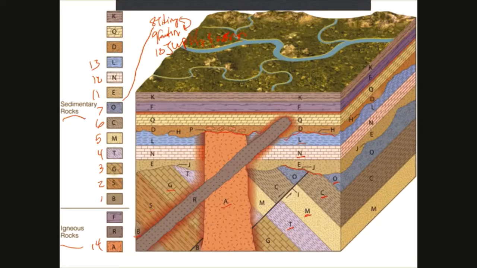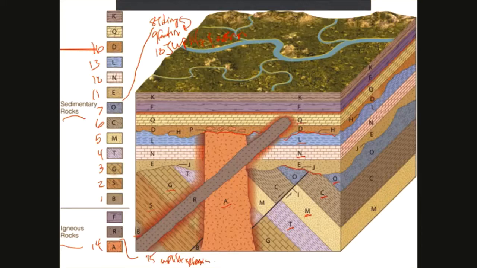For 15, we have weathering, uplift, and erosion, and form the unconformity, H and P. So H is a disconformity, P is a nonconformity. And after that, we have D. So D would be 16.